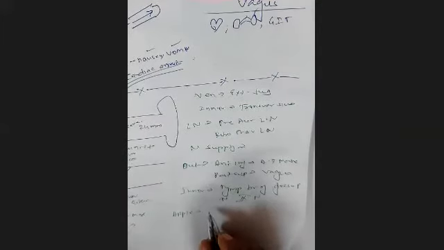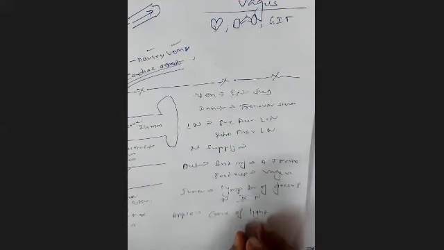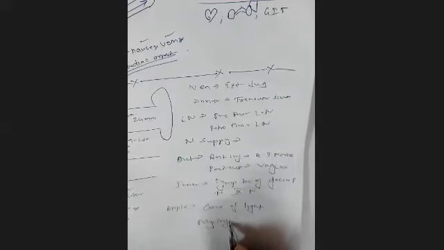Okay. So applied anatomy: whenever we put light, we see a cone of light. Why do we see the cone of light? Because the tympanic membrane is concave from the outer side. Okay. And when we give a cut on the tympanic membrane, that is called myringotomy.